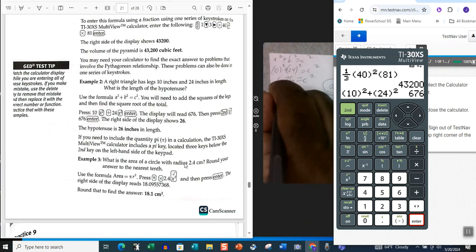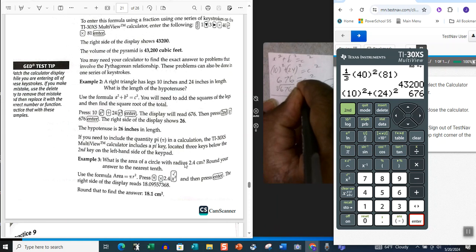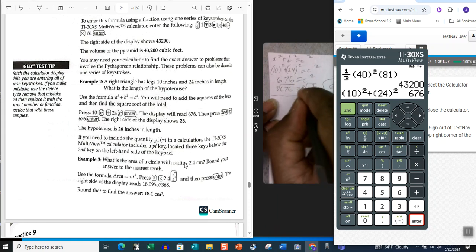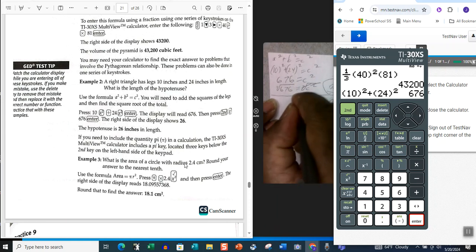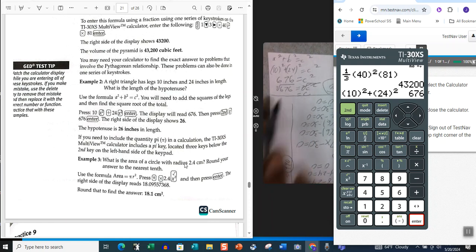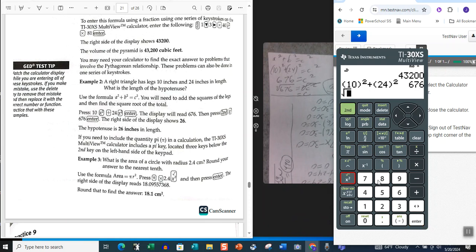Then we would have to take the square root of both sides. And we know the square root and the square would simplify out. That would leave us C. So we would put the square root of 676 in the calculator. So you would press second, the x squared key, and then 676, and press enter.